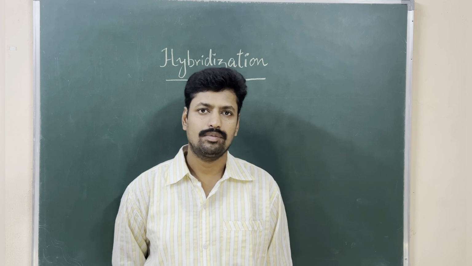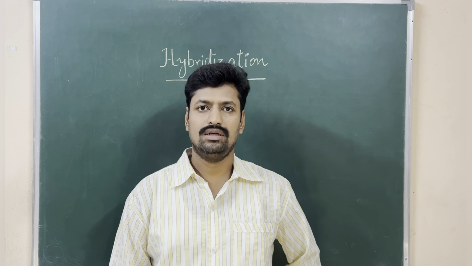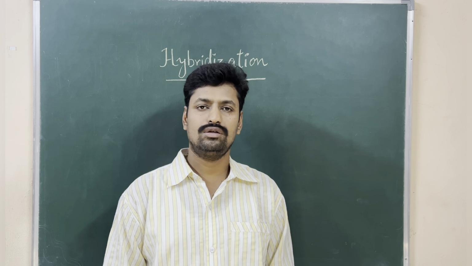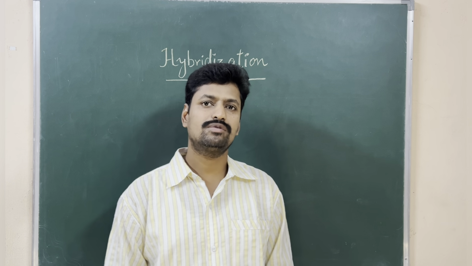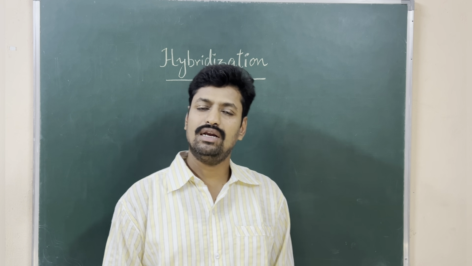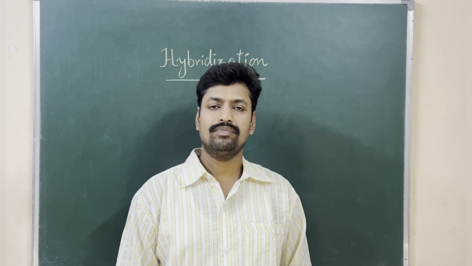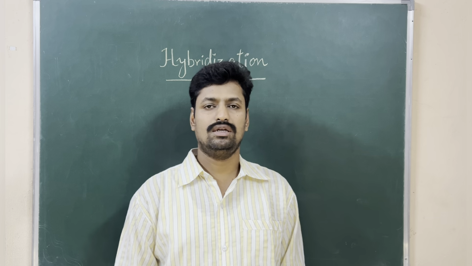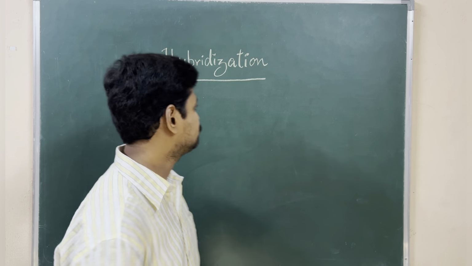To understand hybridization, you need to understand valency bond theory. I am not going into the details of valency bond theory because the video becomes very big, but I will explain the key concepts. To understand valency bond theory, first you need to understand what bonding is.